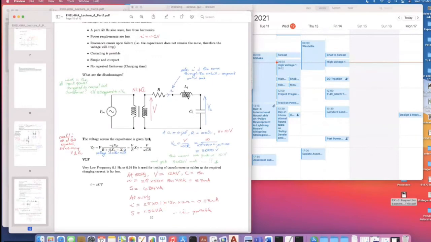Right, we did the series resonant last time, but let's have a look at one last thing. One of the more modern techniques is to measure your high voltage at very low frequency. So we saw that the current drawn by the source is dependent on the value of the capacitance and the voltage.